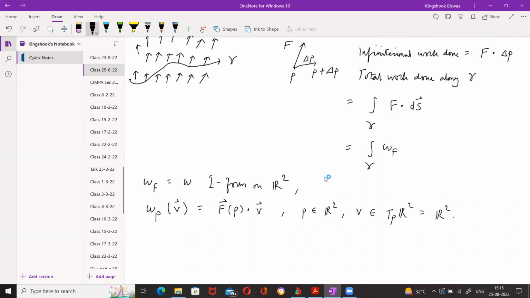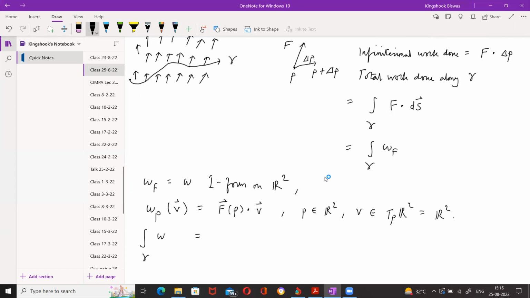Yes. So if you wanted to evaluate exactly, what would this dot product be? F is given by a pair, capital P comma capital Q. So the integral of omega over gamma, what would this be?